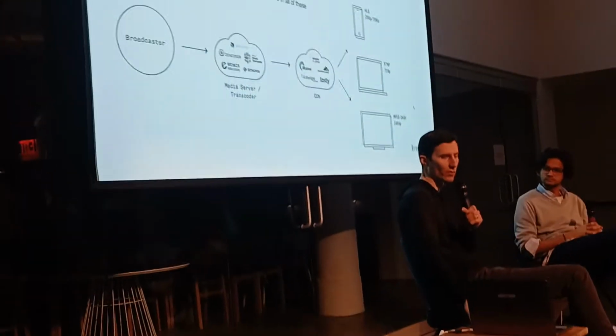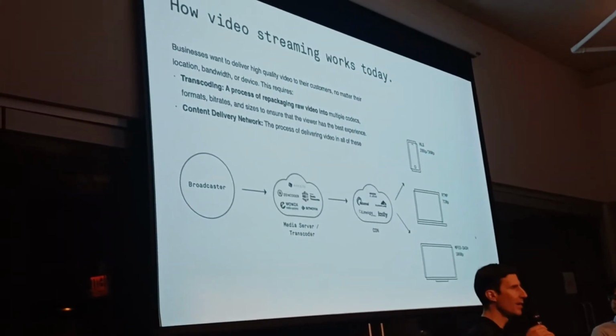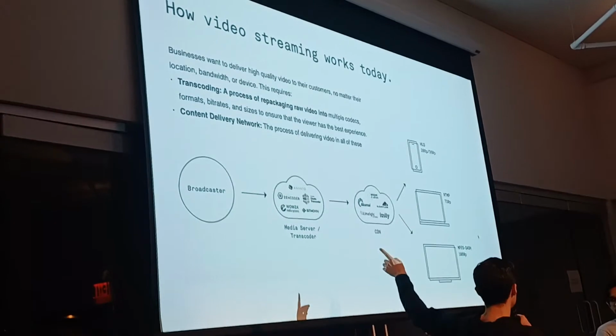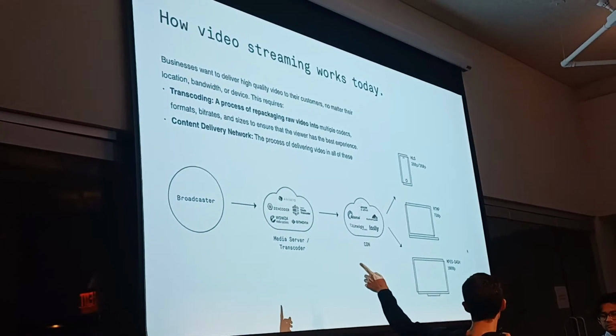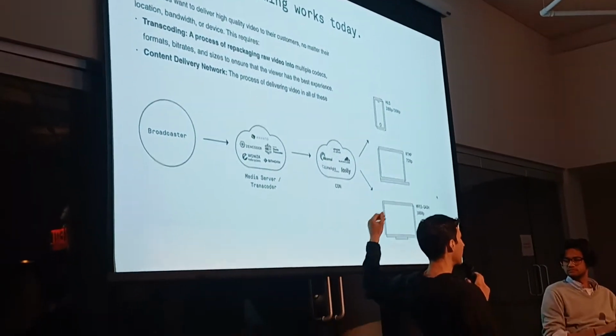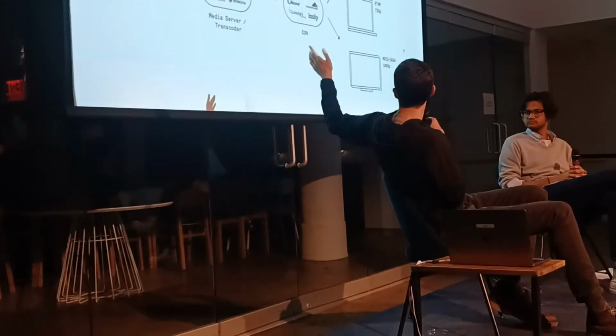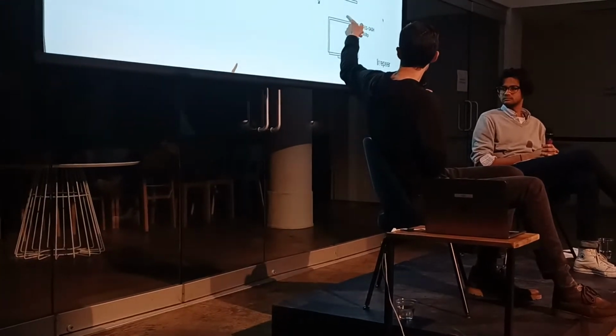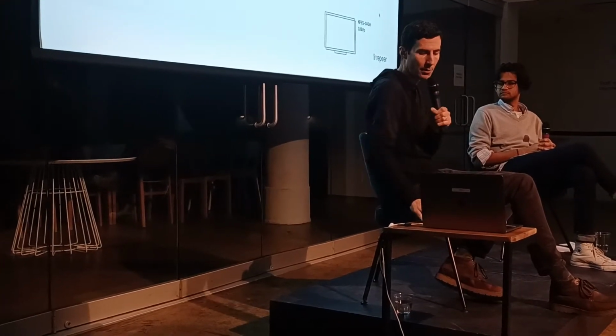So you have this view of the world, how video streaming works today, and typically the economics are, you pay $3 an hour to one of these service providers, or you license some expensive software for over $100 a month per server to do your encoding, and then you pay by the gigabyte for the content delivery network.